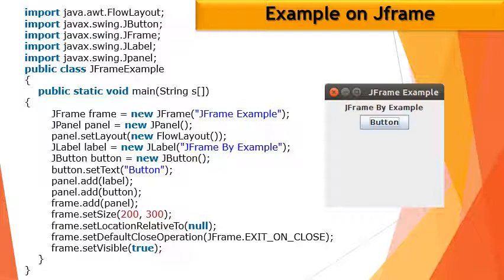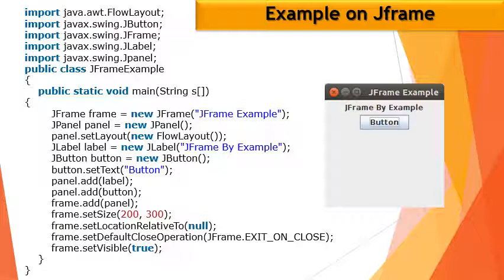Here we have declared the class JFrameExample, and the main program is started with public static void main. Inside this main program, JFrame frame is equal to a new instance of JFrame, titled JFrame Example, given in double quotation. Then JPanel panel is equal to new JPanel is declared.